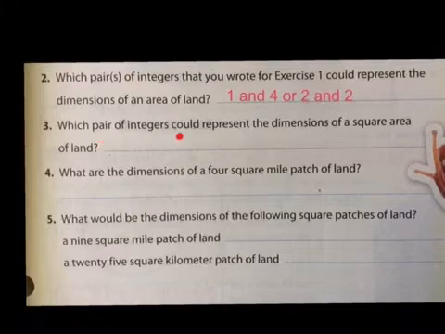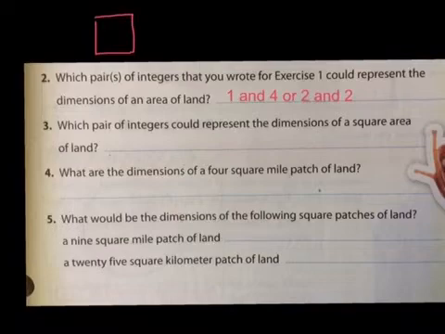Which pair of integers could represent the dimensions of a square area of land? A square means the dimensions are all the same. That's not really a perfect square, but you get the idea. Whatever this is will also be this. 2 and 2 will give us our perfect square.